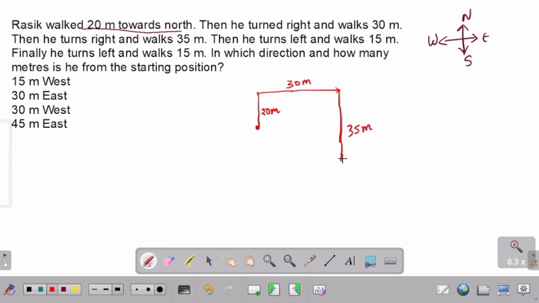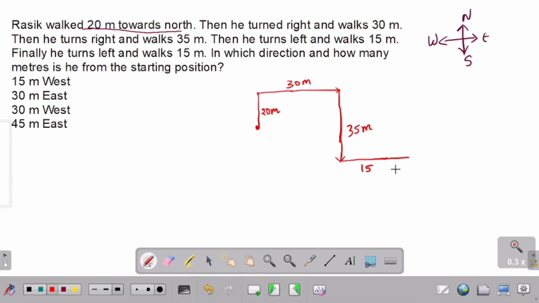Okay. After he comes here, what is he doing? He turns left. So this is my left direction. He turns left, and how much did he walk? He walked 15 meters. Finally, he turns left and walks 15 meters.